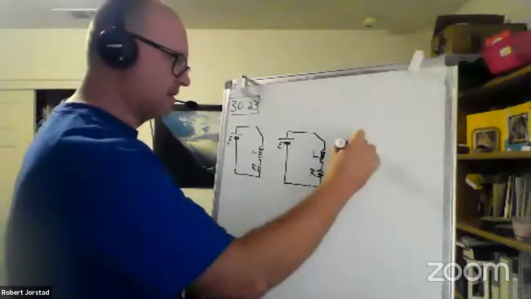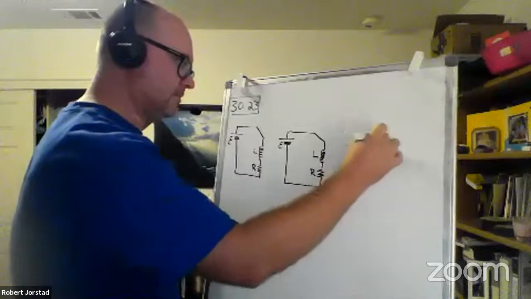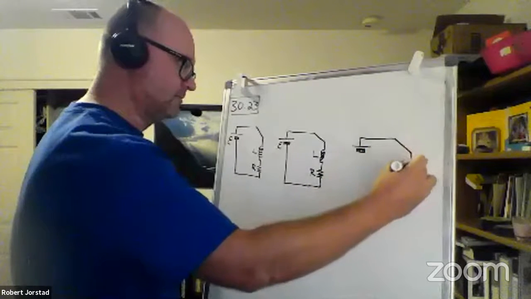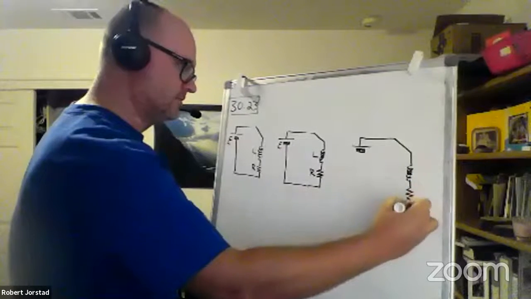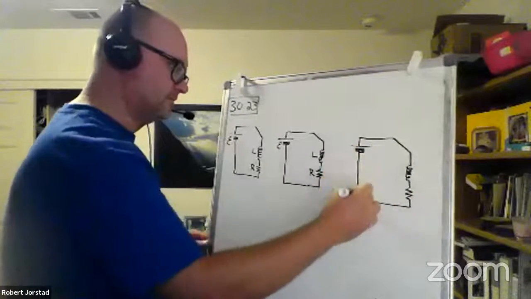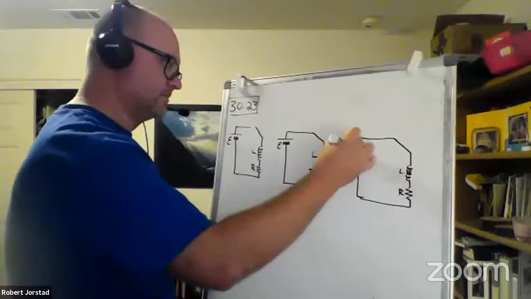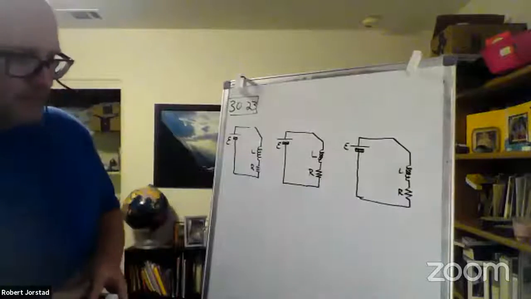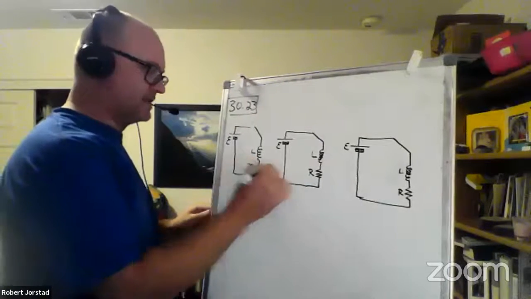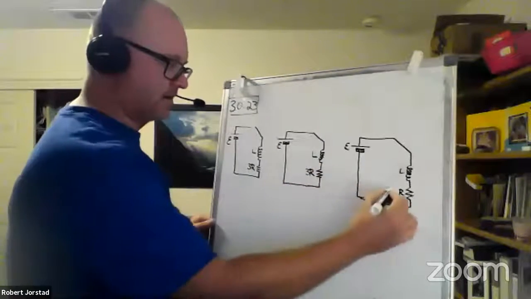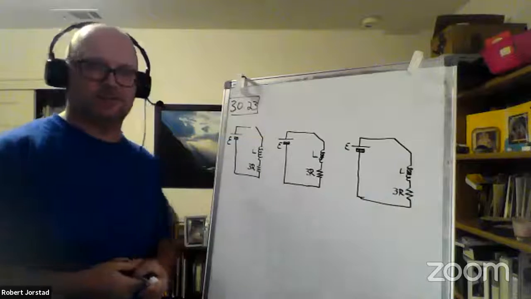And then I'll do another picture. Oh, this is a 3R. For some reason, I chose to use 3R here. Whatever. We can use that. Okay, so the resistance here is 3R.